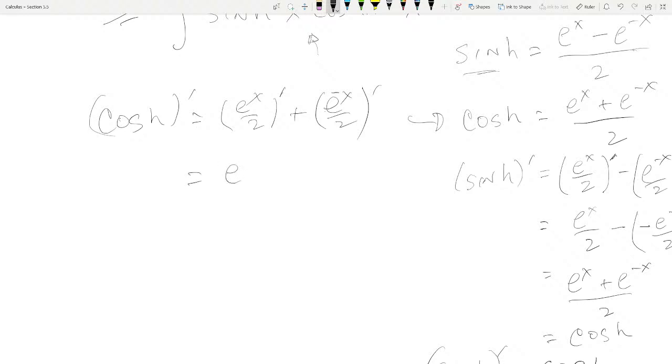Derivative of the first term is just e to the x over 2. Derivative of the second term is minus e to the minus x over 2, because the derivative of e to the minus x is e to the minus x back again times the derivative of negative x, which gives you that minus out in front. Okay, and then that's e to the x minus e to the minus x over 2. Which is sinh.